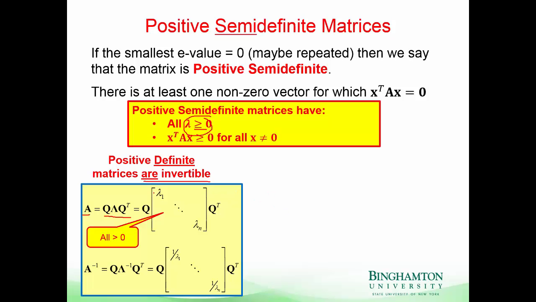Lambda here is a diagonal matrix with the eigenvalues down the diagonal. So there's zeros all out here and zeros all out here. But all of these eigenvalues are greater than 0. And you can verify, as we've mentioned before, that the inverse of A will just be Q times the inverse of the diagonal matrix times Q transpose.